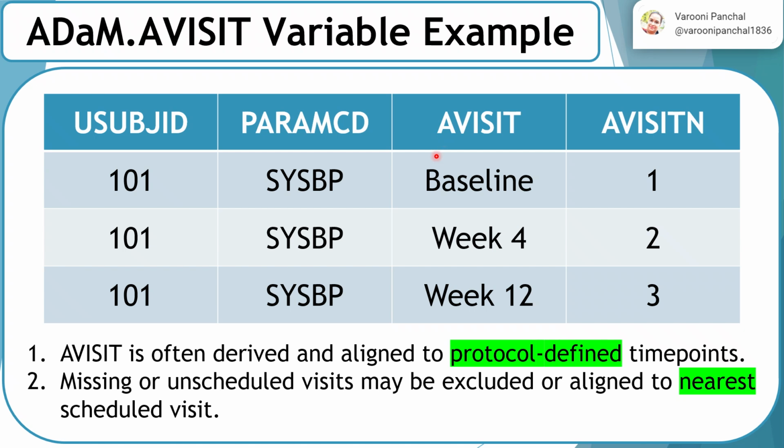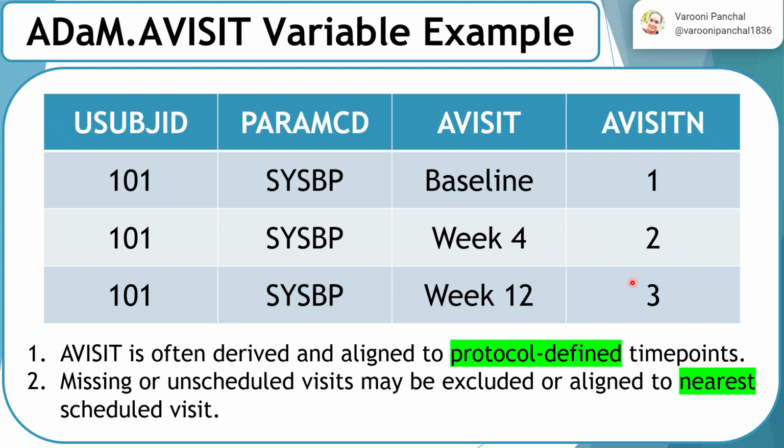Now it may so happen that in a visit column you will have two duplicate records, in the sense the same subject ID with the same param code and the same visit but two different values. In those scenarios you need to confirm with the sponsor what needs to be done, whether we need to pick up the best possible value or the first visit that comes into the picture.